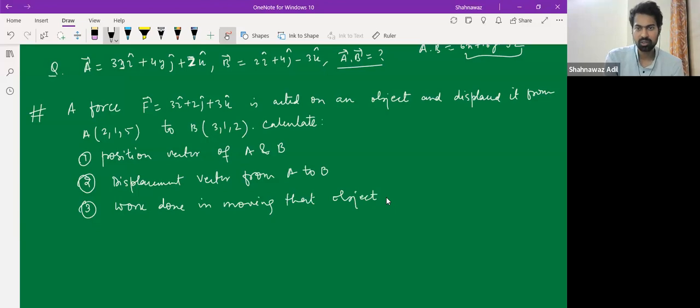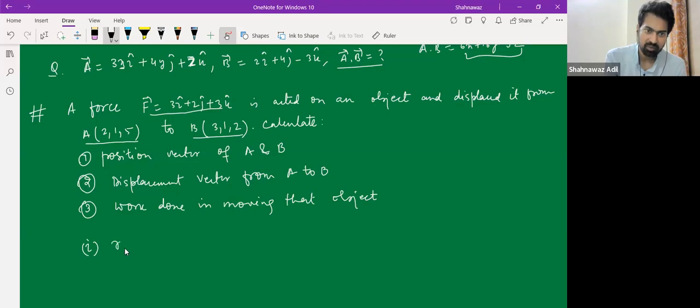So these are the three things that you guys need to find. You have been given the force, and this is the position vector of A and B. So you guys tell me the answer of the first question.